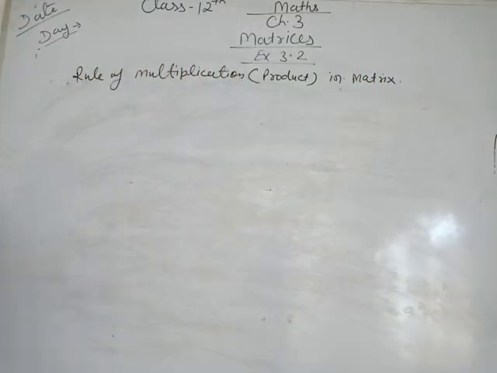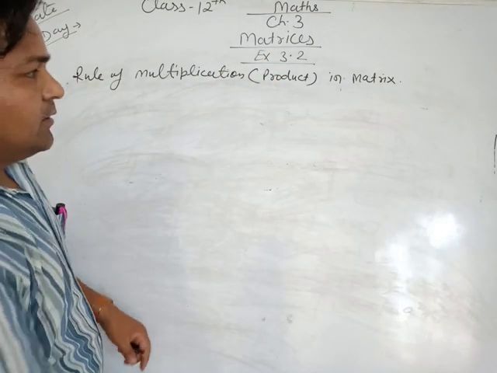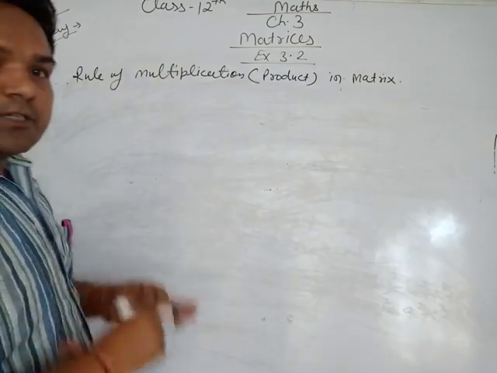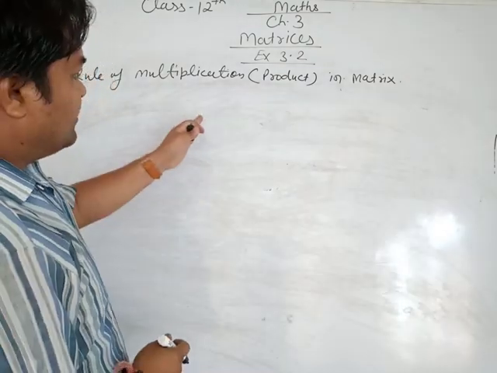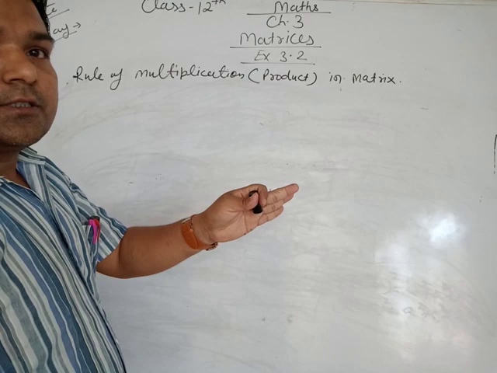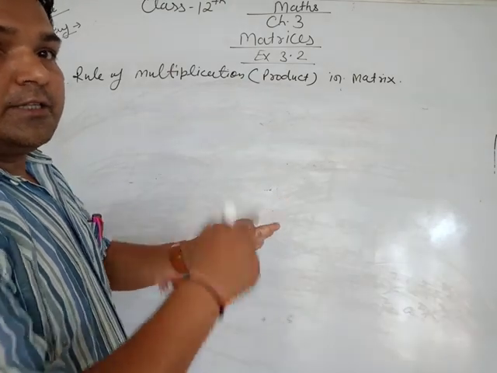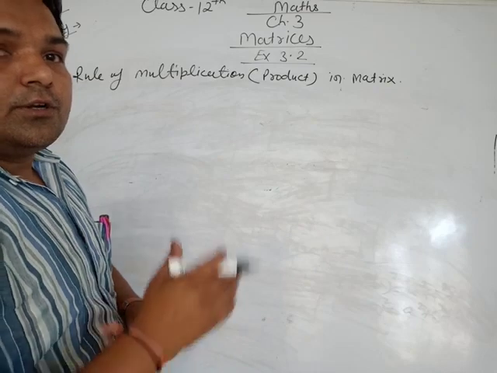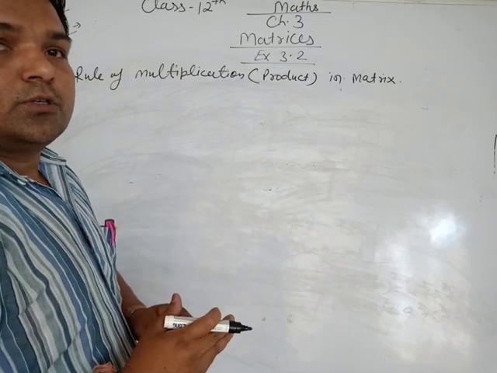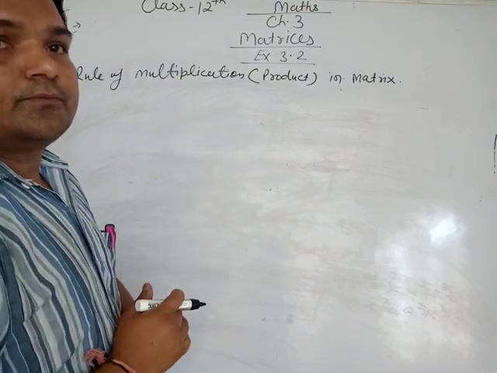If we will multiply two matrices, the condition must be that the number of columns of the first matrix and the number of rows of the second matrix should be equal.